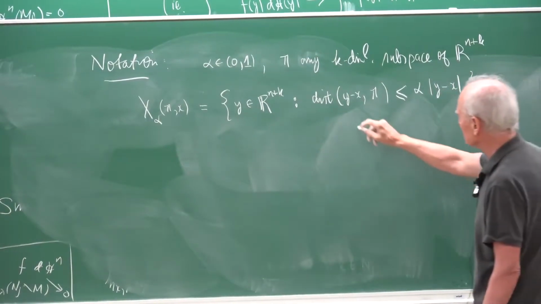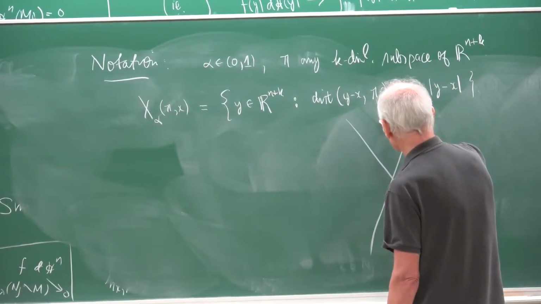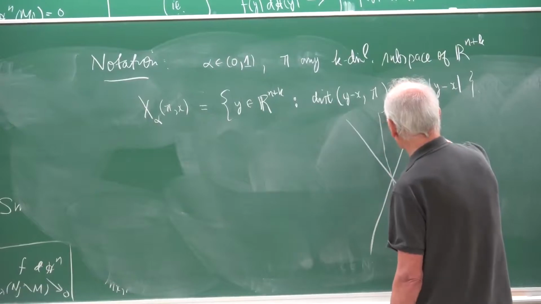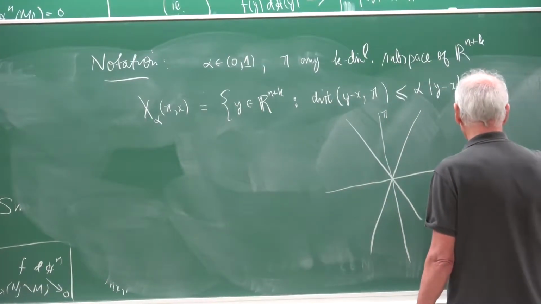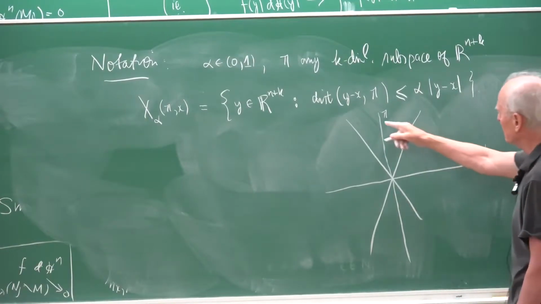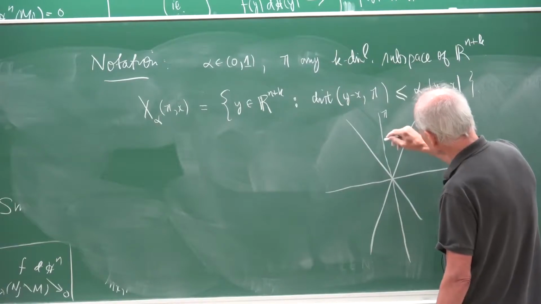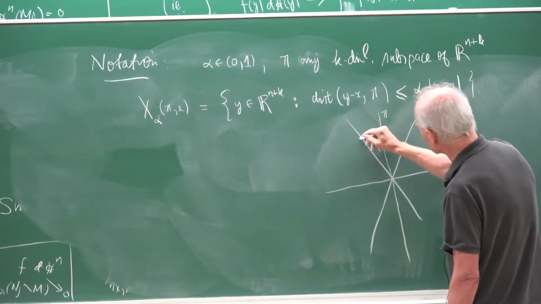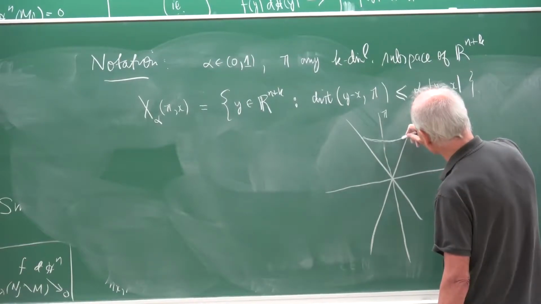And that looks like this. So this is pi, and then pi perp is here. Pi perp is n-dimensional, pi is k-dimensional. And let me do a three-dimensional picture at least. So this would be a circular cone.